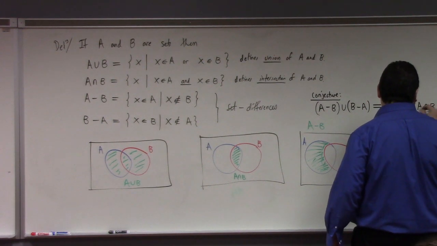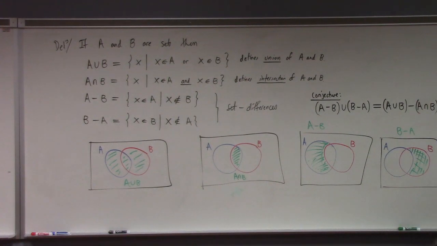Do you guys agree with that? What do you think? I agree. It's the whole of the union with the piece removed which is missing when I union these two differences. That's a good conjecture.